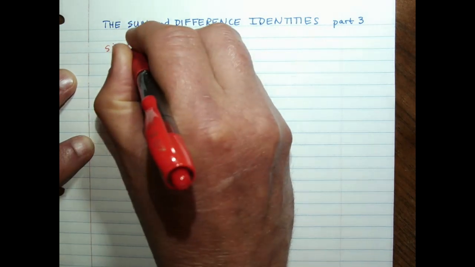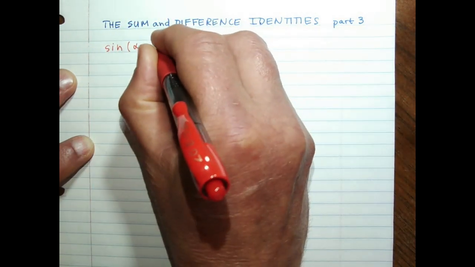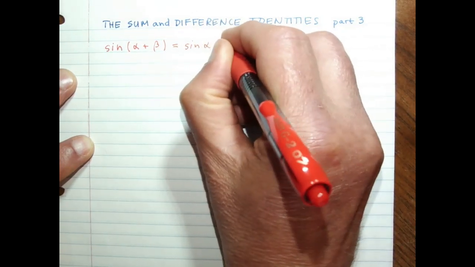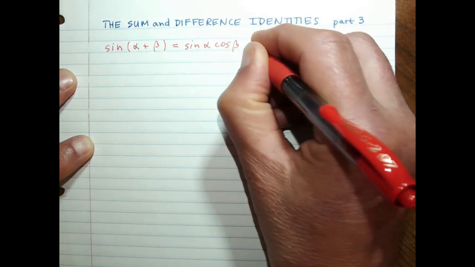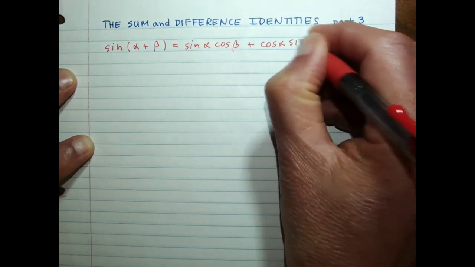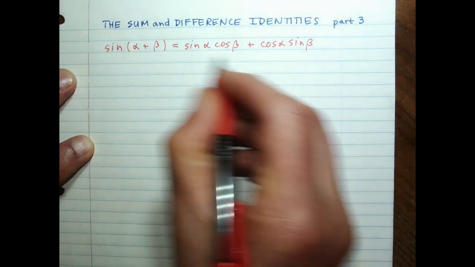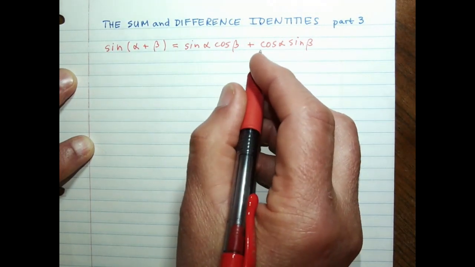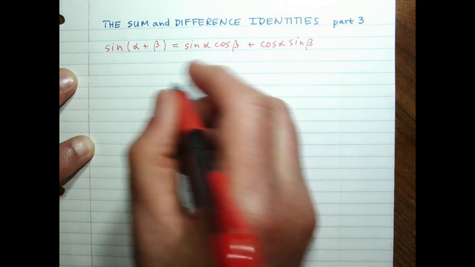So we have sine of alpha plus beta is sine of alpha cosine beta plus cosine alpha sine of beta. That one we kind of pseudo-derived because we derived it in a special case using that geometric diagram.